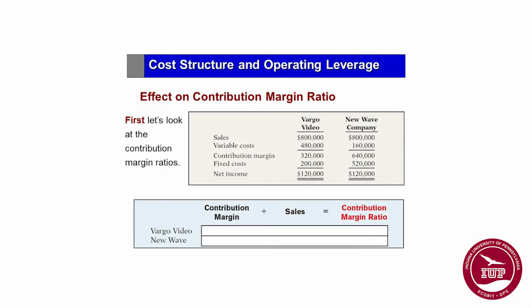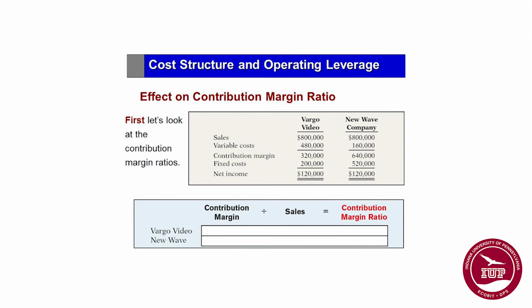So how does it affect the contribution margin ratio? If you look at the cost structure, your net income is the same for the time being. Your sales is $800,000 and your contribution margin is $320,000 and $640,000.